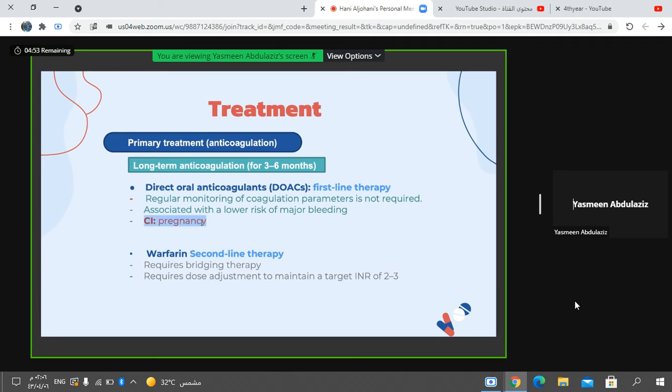However, it's contraindicated in pregnancy. Warfarin is the second-line therapy. It requires bridging therapy with heparin, so it should be started earlier, and there's a dose adjustment to maintain a target INR, or international normalized ratio, of 2 to 3. For pregnancy, it's controversial. We can use the unfractionated heparin.